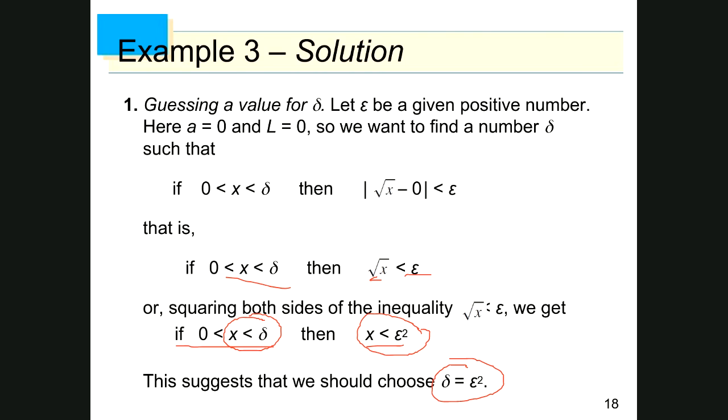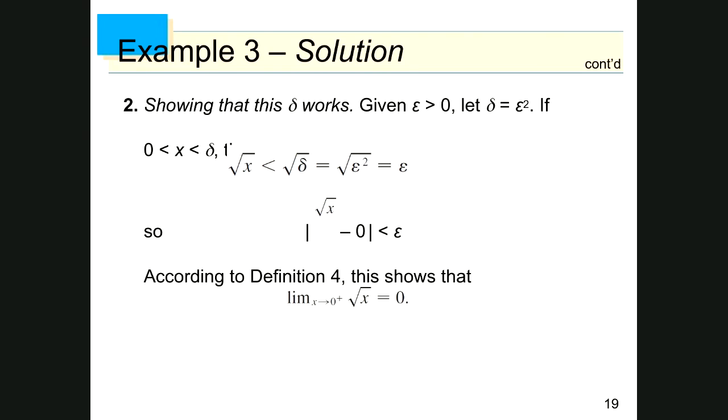How do you show that it works? You go back, you say given. Remember in the beginning, you said let epsilon greater than 0. When you prove it, you say given that epsilon is greater than 0, we have chosen our delta to be epsilon squared. We say if x lies between 0 and delta, then root x is less than root of delta.